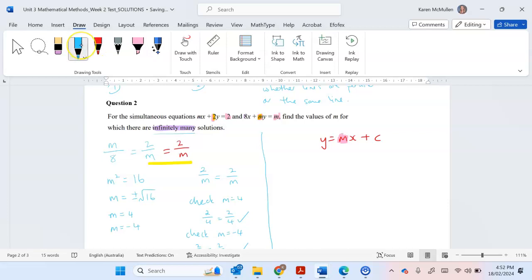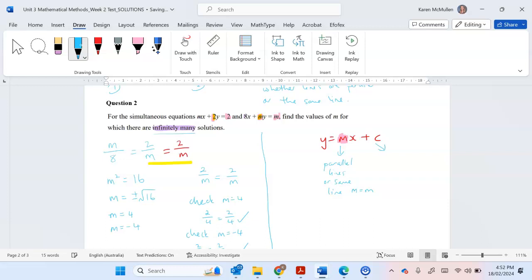So when your m is the same, your lines are parallel. That's going to tell you whether you have parallel lines or the same line. So when your gradient is equal to the gradient, you have parallel lines or the same line.